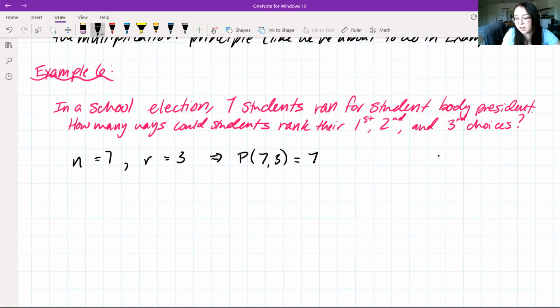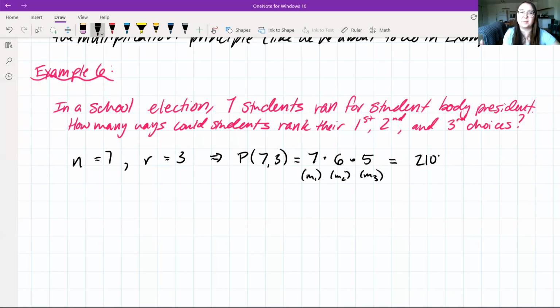So that means that we have 7 options in our first choice, 6 options in our second, 5 options in our third. And we see this is M1, M2, M3. So these are the values, and if we just multiply these values together, we end up getting 210.